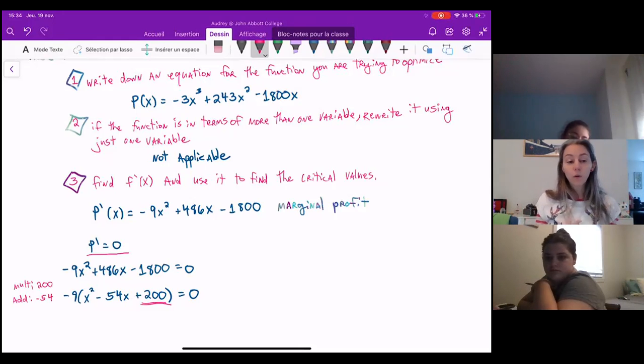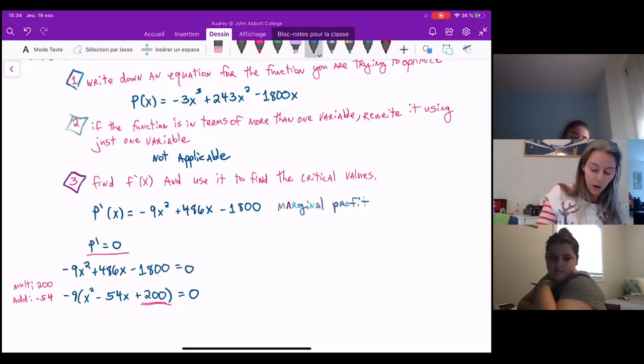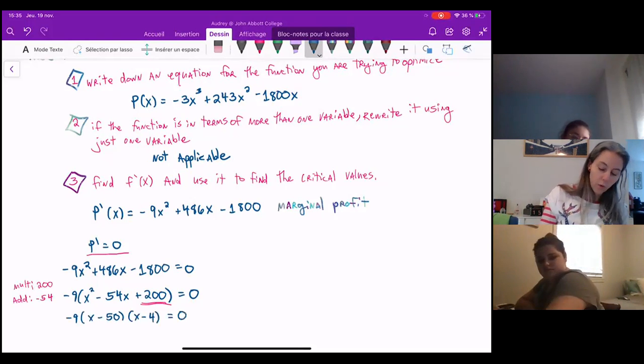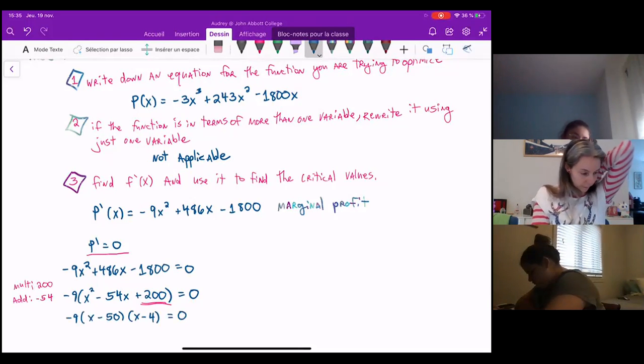You are also welcome to use the quadratic formula here. So this is negative 9 times x minus 50 times x minus 4 is equal to 0.